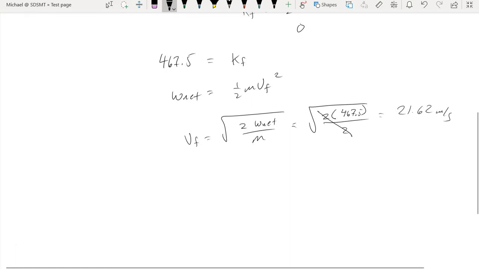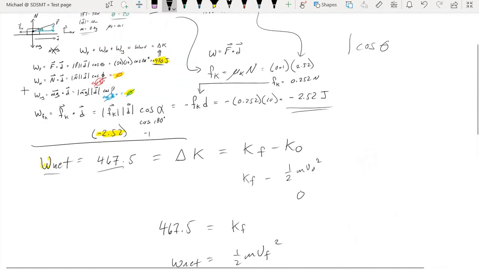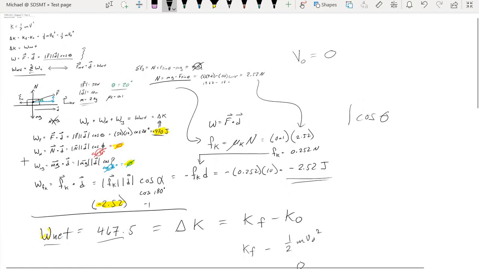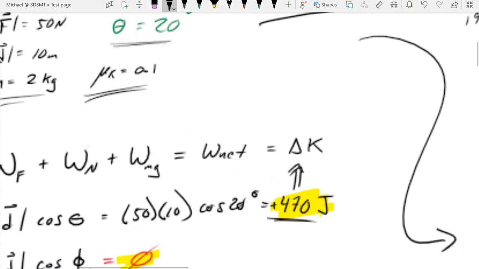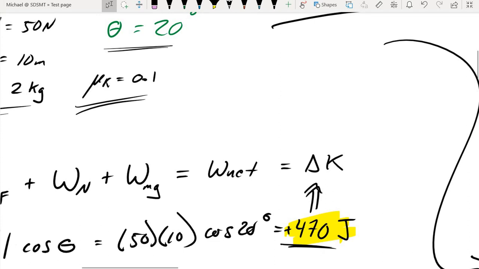Compare that to the final velocity that we had without friction. Without friction, the final velocity was 21.68 meters per second. So not a whole lot of change there, but we could definitely see a greater change in the final velocity if we had this sliding over a much rougher surface.